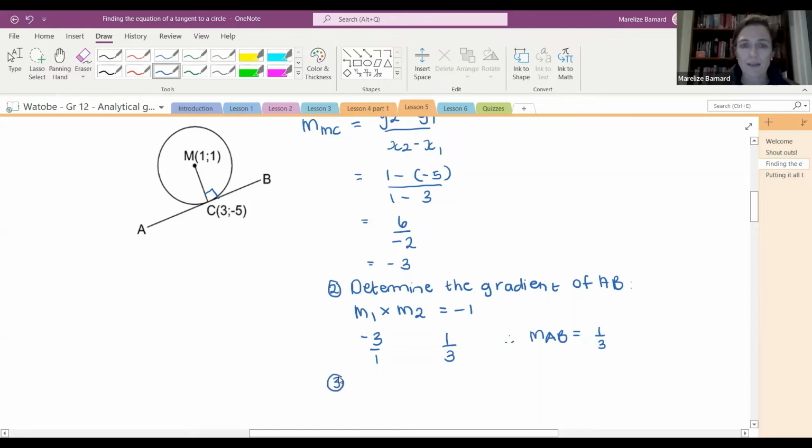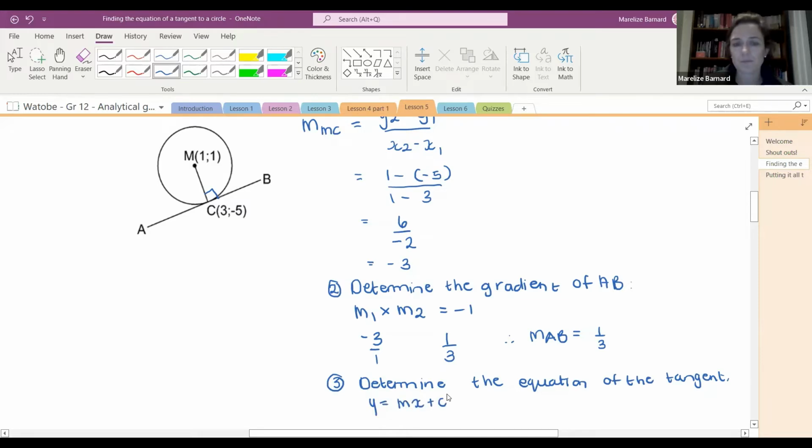Okay. And then lastly, we're going to determine the equation of the tangent. The tangent is a straight line, y equals mx plus c.